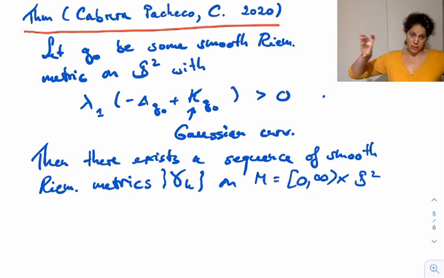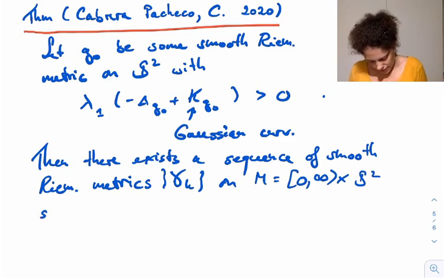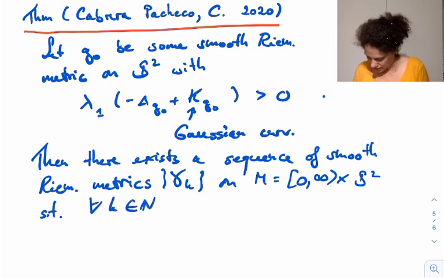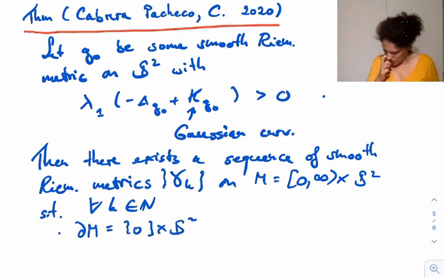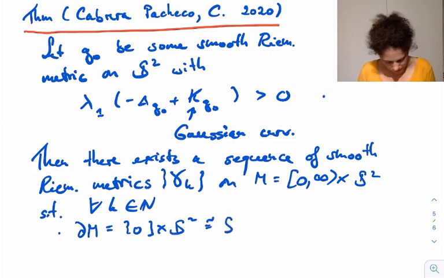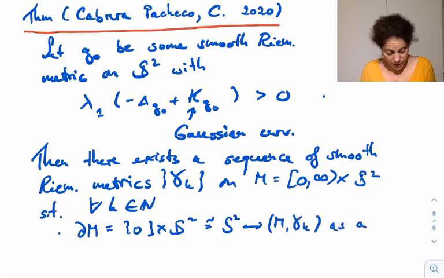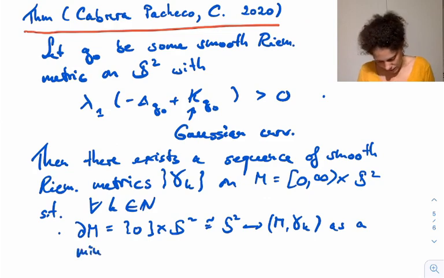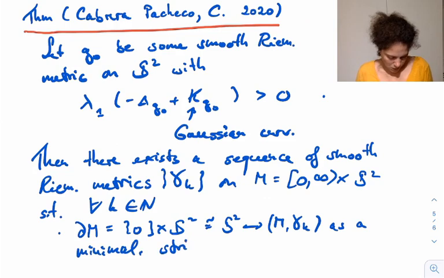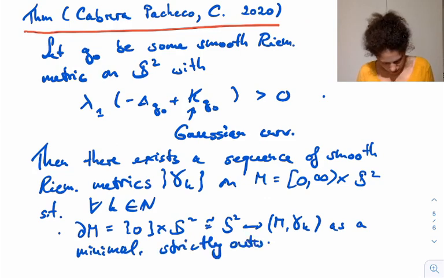So you can imagine the manifold as being a cylinder, such that we have all the properties we want, as I described before, namely the boundary, which is {0} times S2, and I'm going to just identify it with S2 from now on, fits inside (M, gamma k) as a minimal, strictly outer minimizing surface.